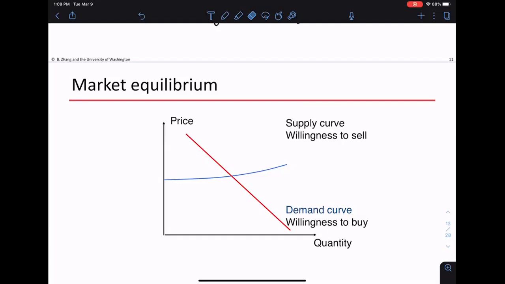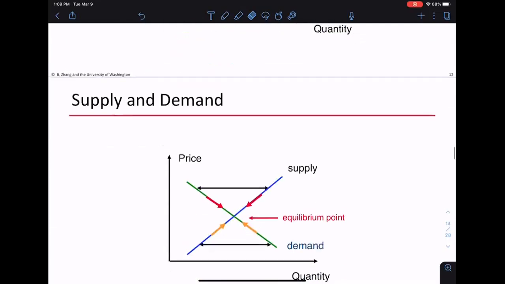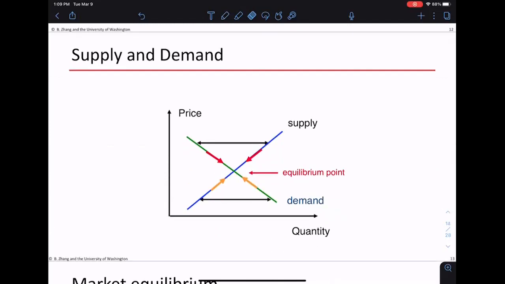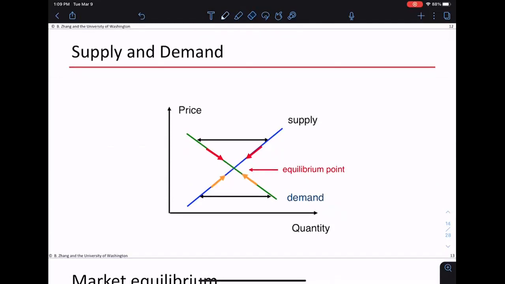But is this a stable equilibrium? The way to look at stability is to look at this picture. Remember our equilibrium is at this point in the middle. But let's look at what happens when we don't operate at the point in the middle. If we don't operate at the point of intersection, then what happens?